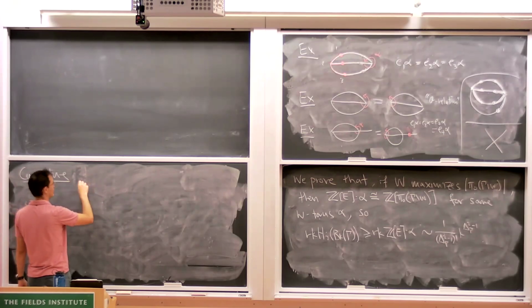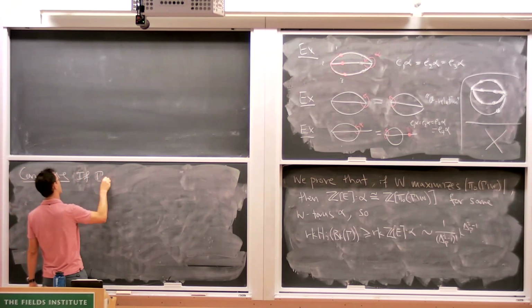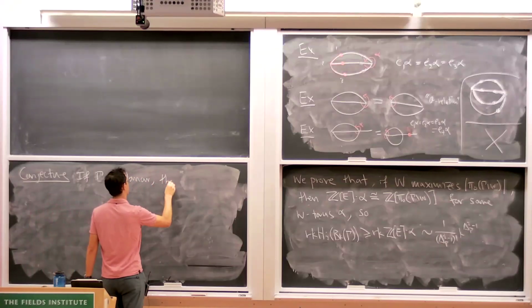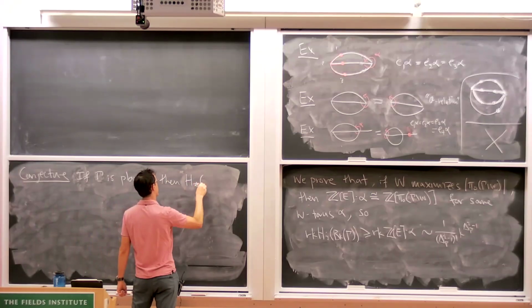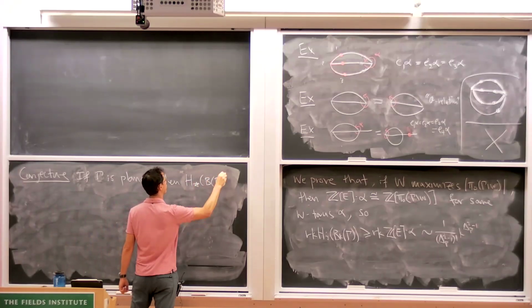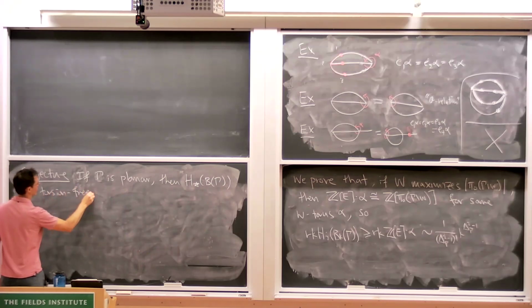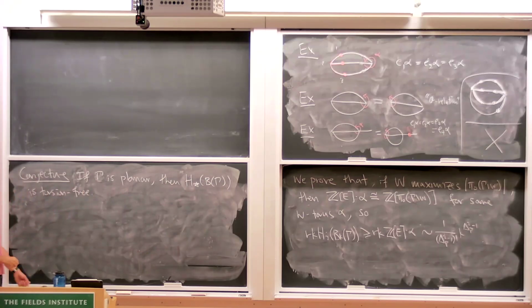Some folks conjecture that if gamma is planar, then the homology of its configuration spaces is torsion free. Do you believe that? You don't disbelieve it? Okay, that's a good start.